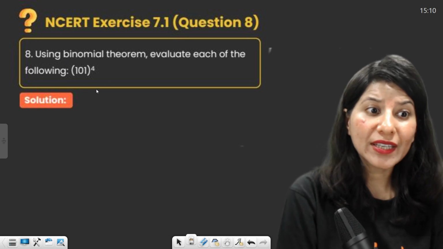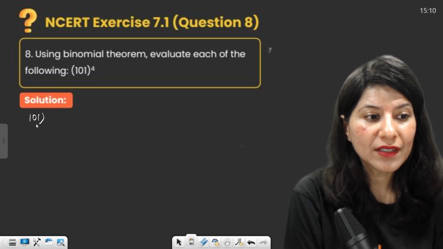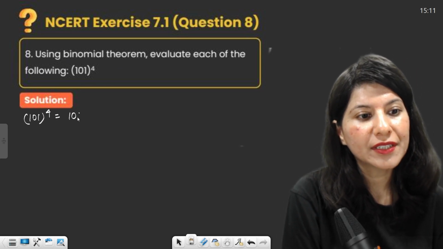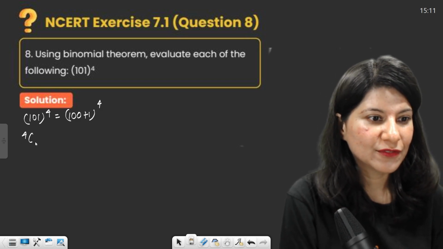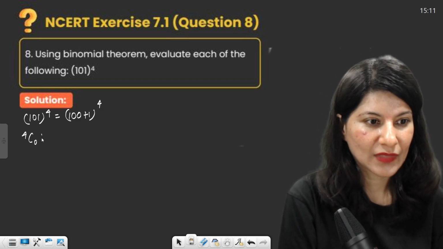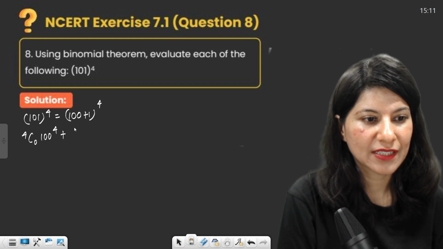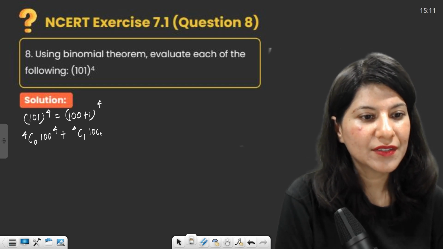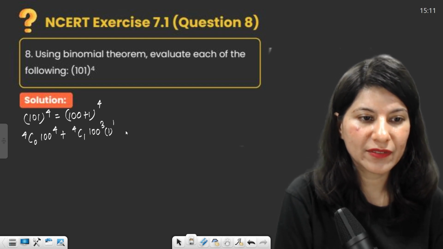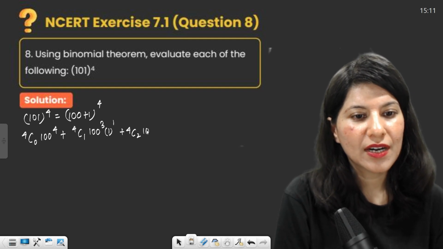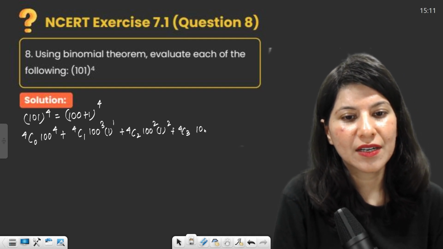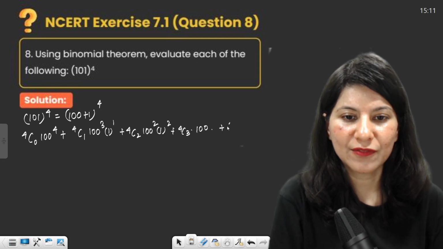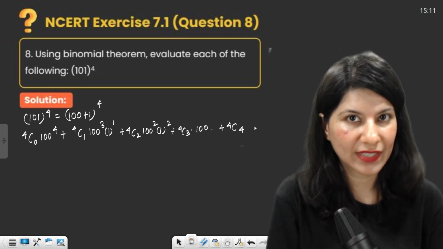Okay. Now again similar. 101 raised to power 4 is (100 + 1)^4, correct? Start. 4C0 100^4 plus 4C1 100 cubed into 1 plus 4C2 100 squared into 1 squared plus 4C3 100 plus 4C4, that's it.